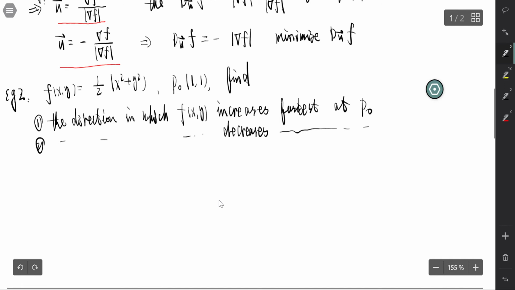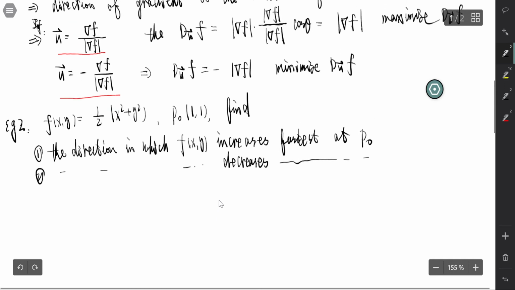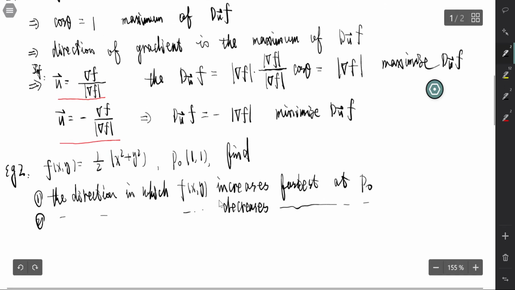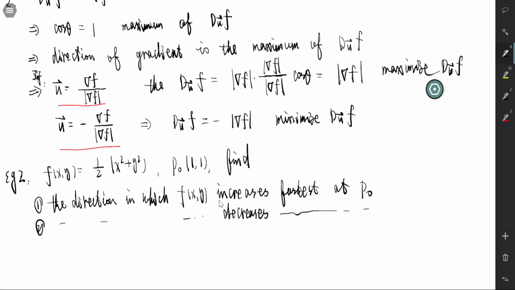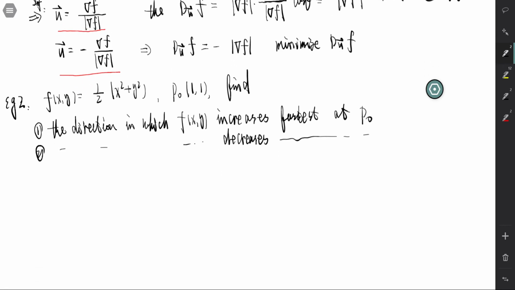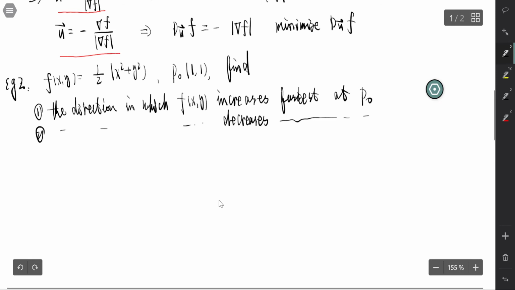From the statement we stated in the second term, we know that the direction of the gradient is the maximum, actually increasing fastest, and the direction of the negative gradient is decreasing fastest.